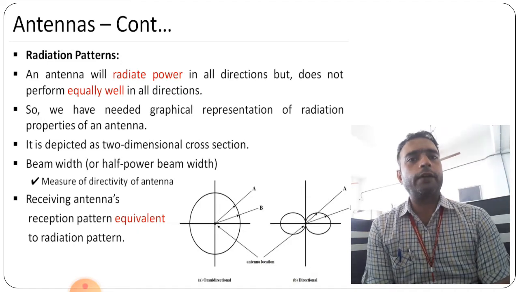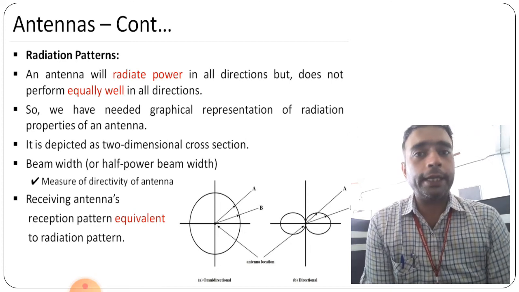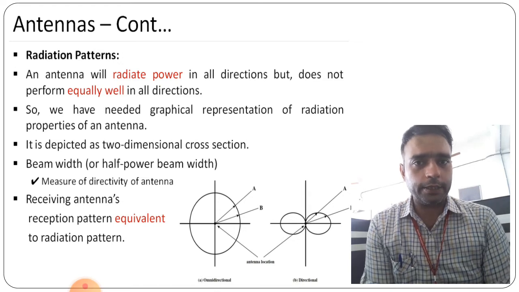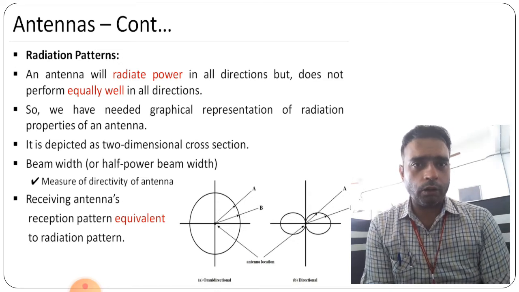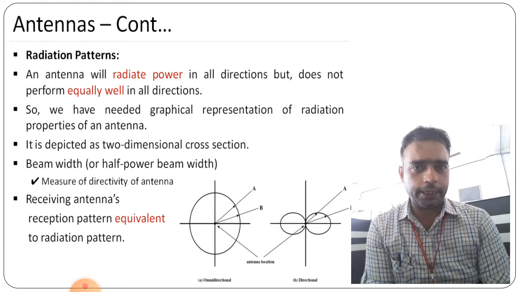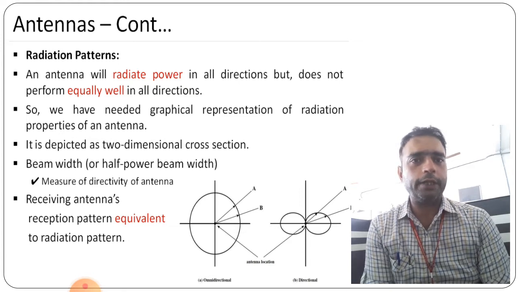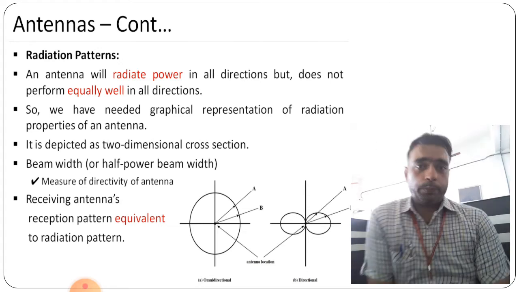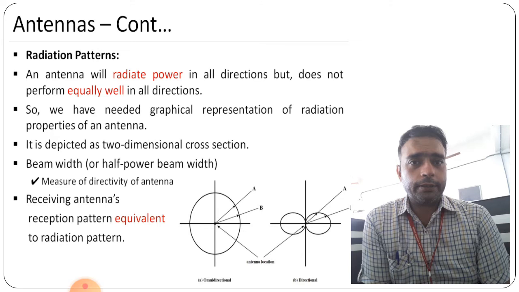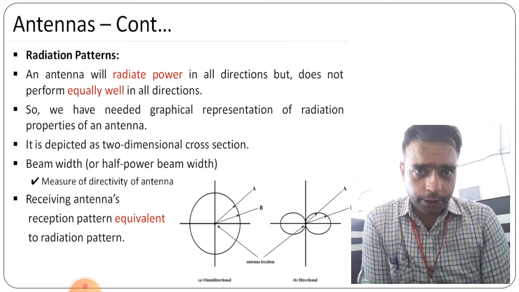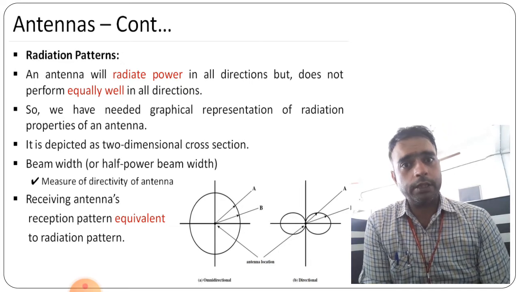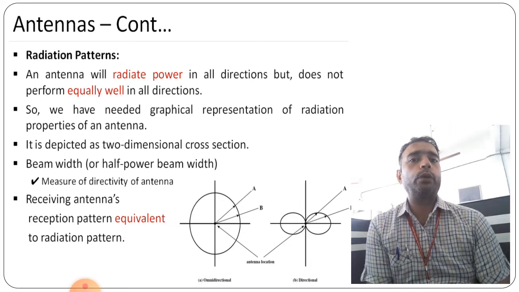We need a graphical representation of the radiation properties of an antenna, depicted as a two-dimensional cross section. Beam width, or half power beam width, is the measure of the directivity of the antenna. For receiving antennas, the reception pattern is equivalent to the radiation pattern.